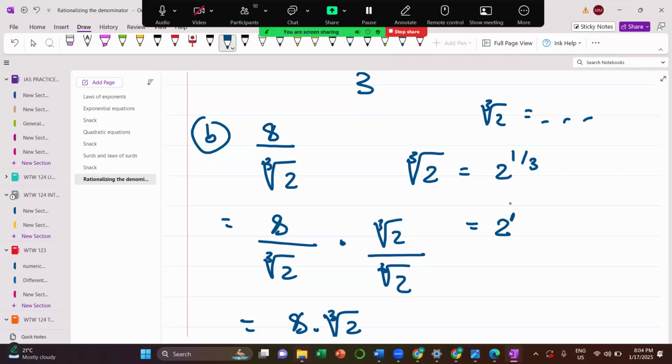But here, I have an exponent of 1 over 3. So how many 1 over 3s must I add to get 1? I must add three 1 over 3s. If I add these three 1 over 3s, I'm going to end up getting 2 to the exponent of 1, because I'll be adding these exponents. Do you guys see that?